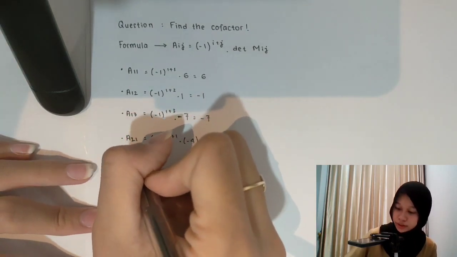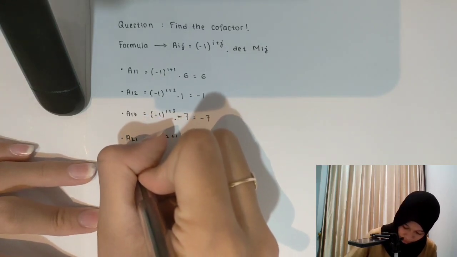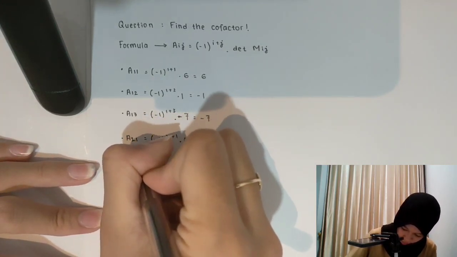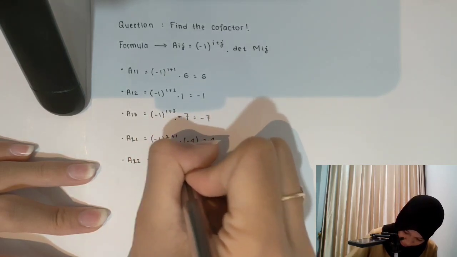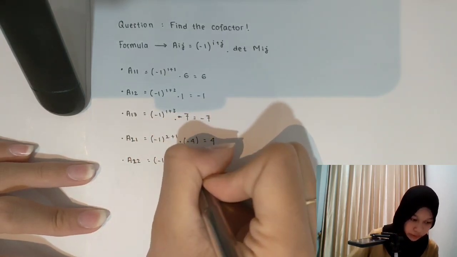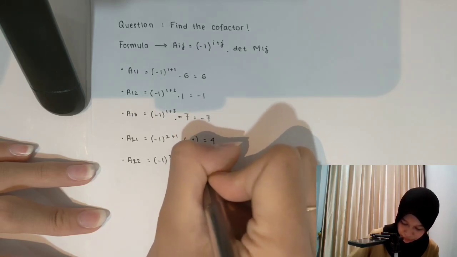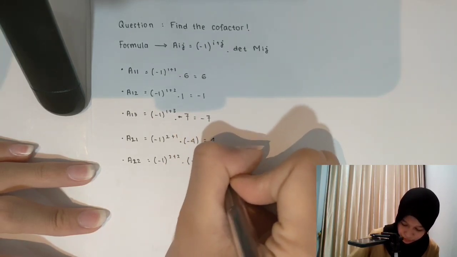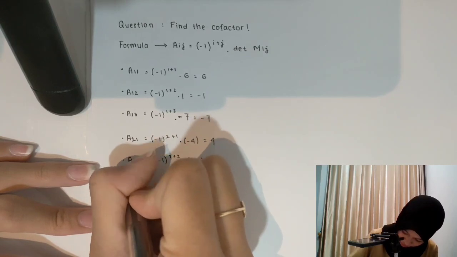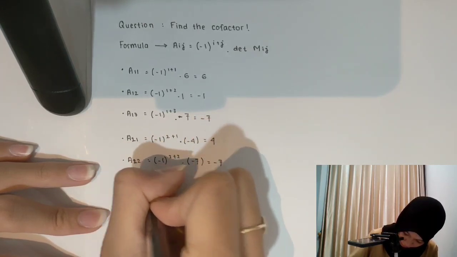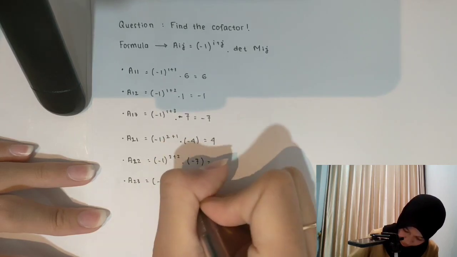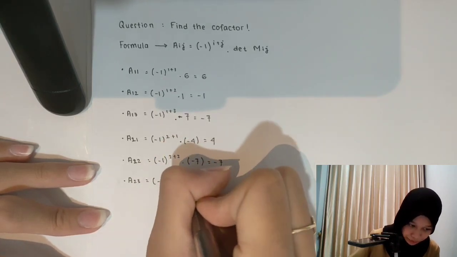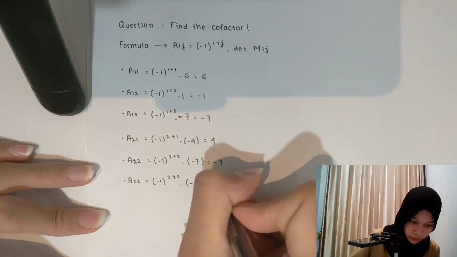And then row 2, column 2: minus 1 to the power of 2 plus 2 times minus 7 will be minus 7. Row 2, column 3: minus 1 to the power of 2 plus 3 times minus 8 will be 8.